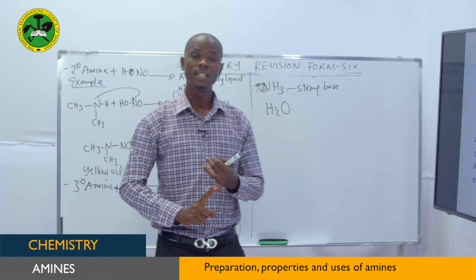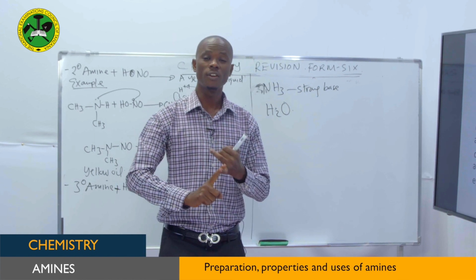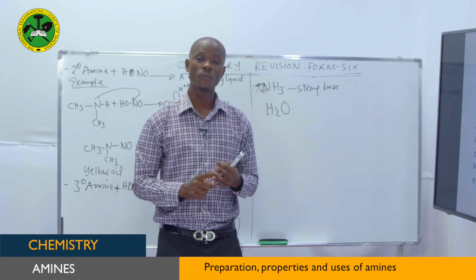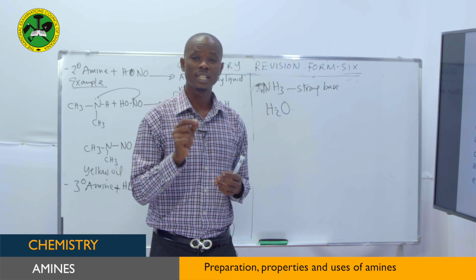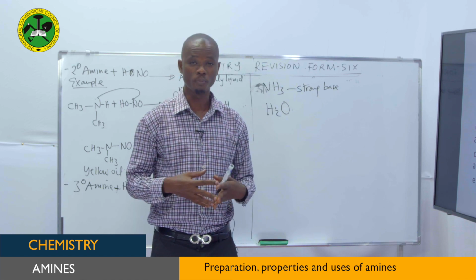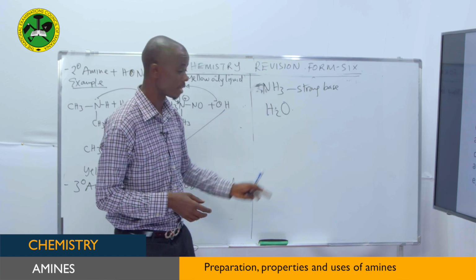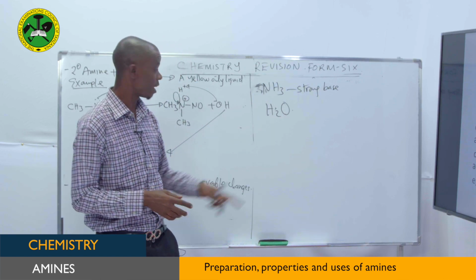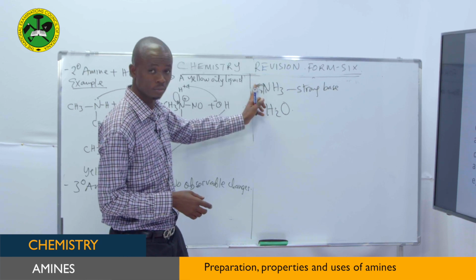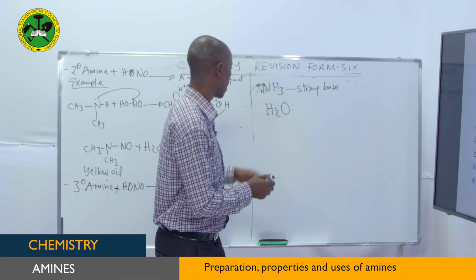Number one, it depends on the availability of the lone pair of electrons to be donated. But also, it depends on the electron donating atom containing the lone pair in that particular compound. So if you look here, the nitrogen atom is less electronegative as compared to the oxygen atom. Therefore, the nitrogen atom is the more electron donating atom. This reason makes ammonia the stronger base as compared to water.